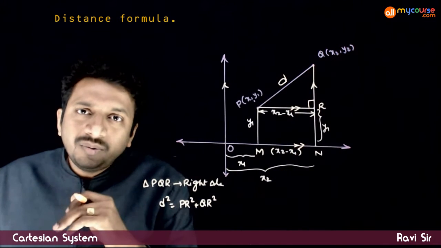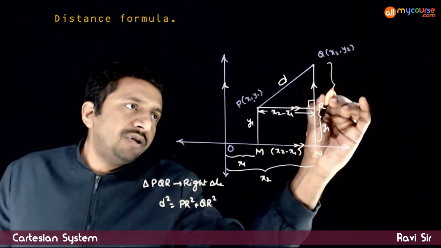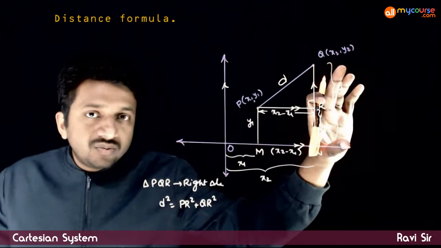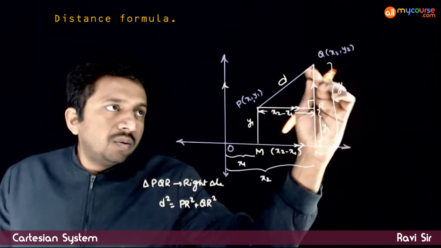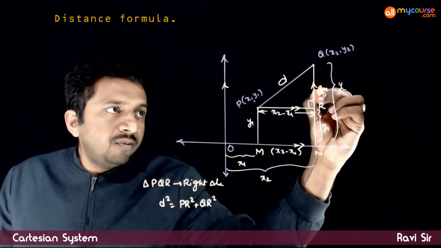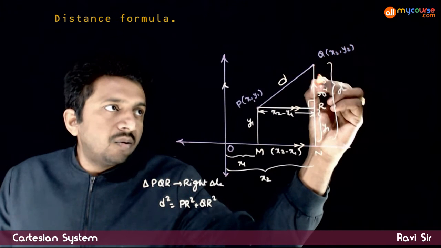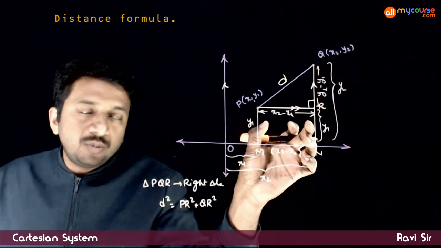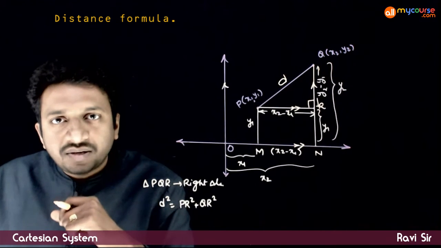QN is equal to y2. That is the distance of Q from x-axis. This is y2, this is y1. So RQ is y2 minus y1, right? So this is x2 minus x1. This is y2 minus y1.